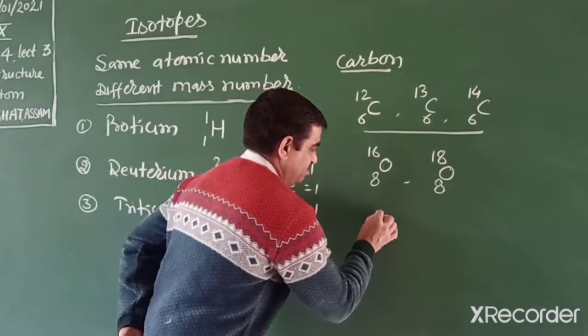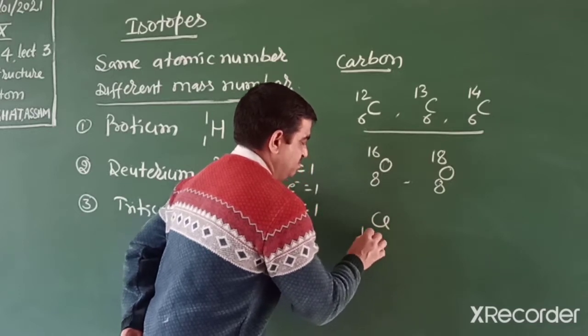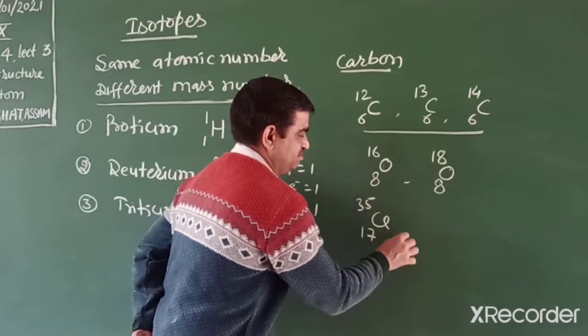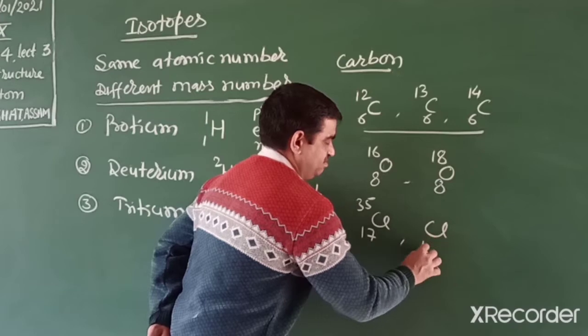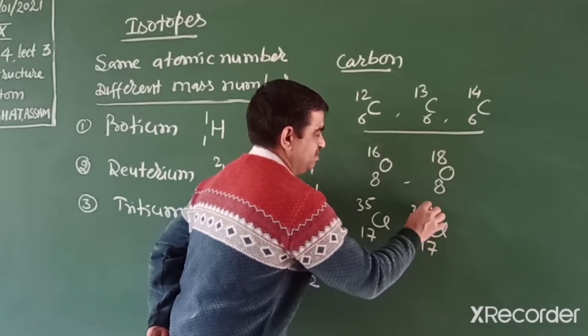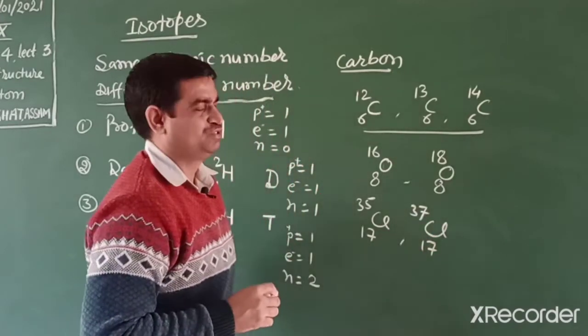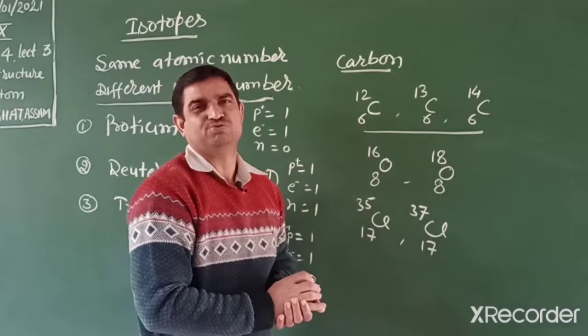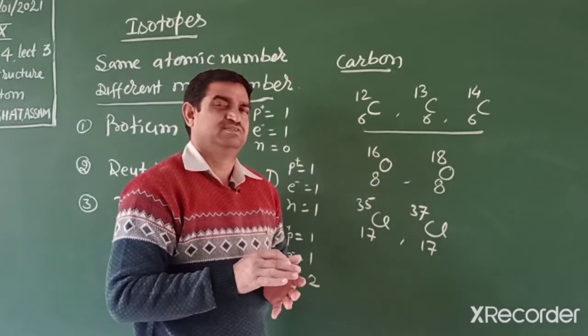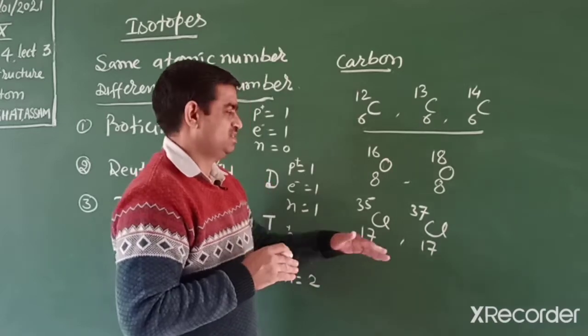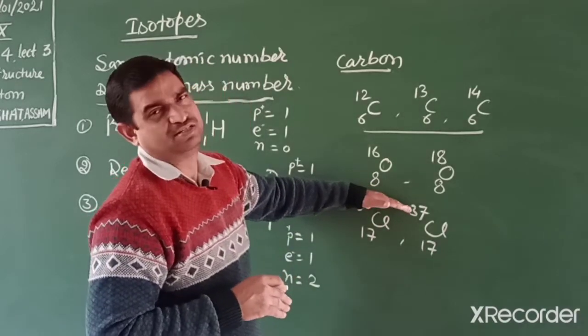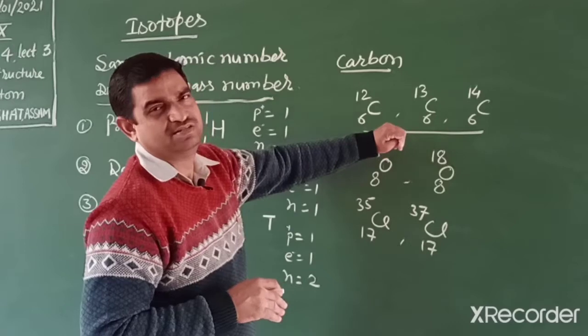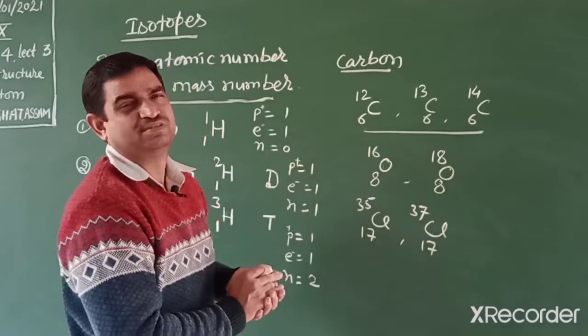Another one, chlorine, 17Cl35 and 17Cl37, 2 isotopes. Almost all elements show isotopes. Isotopes are substances having the same atomic number, different mass number. It means same element, different atoms.